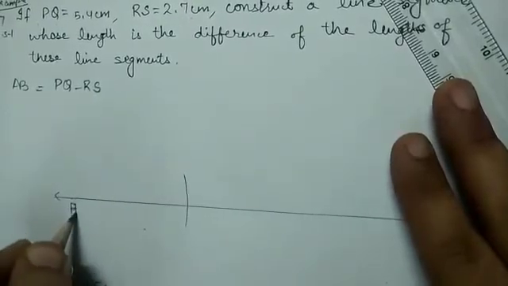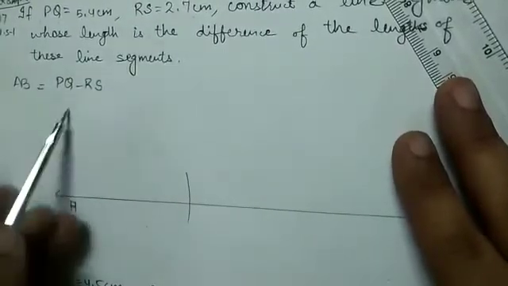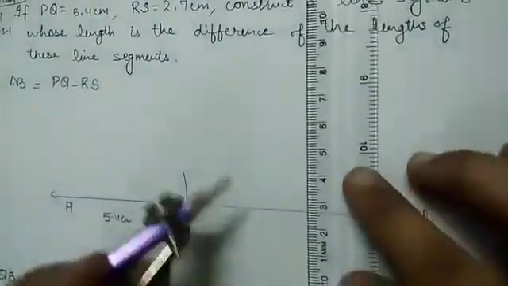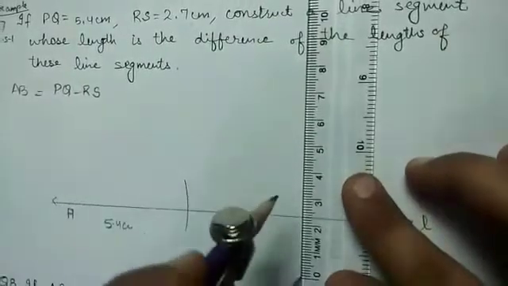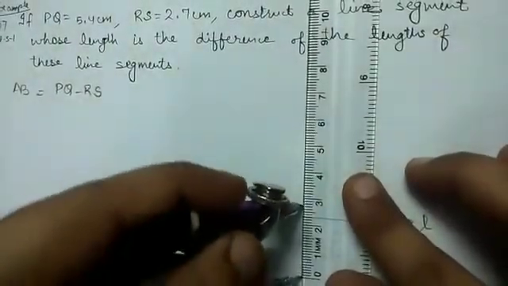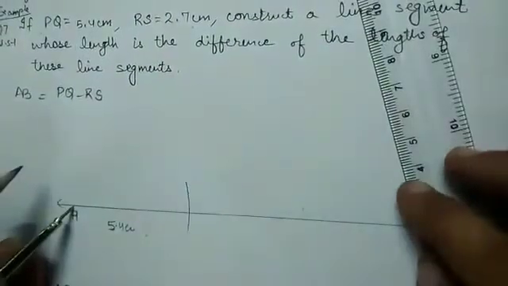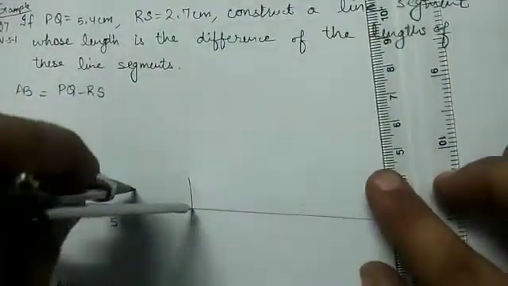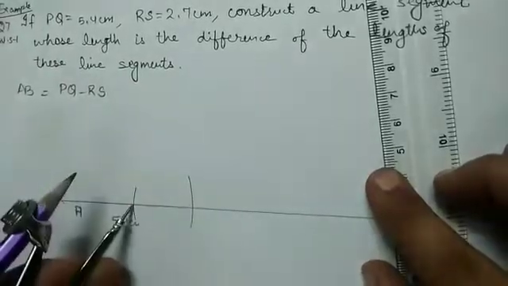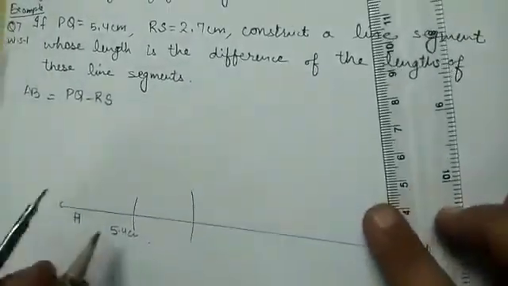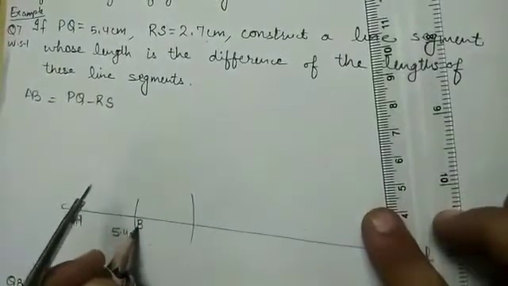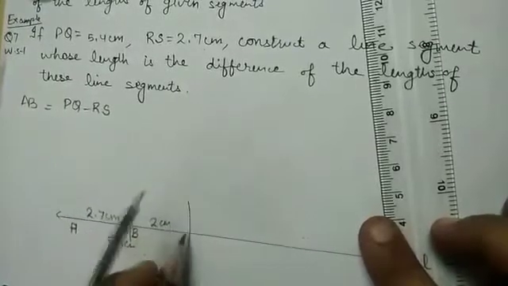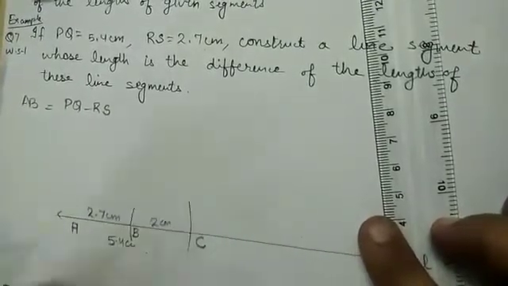Initial point will be named as A. Now we will measure the length equal to 2.7 centimeter. This is 2.7. As we have to get the difference of these two, now I will subtract this part, that is I will cut this segment, and my new segment AB will be of length 2.7 centimeter. This point can be named as C.